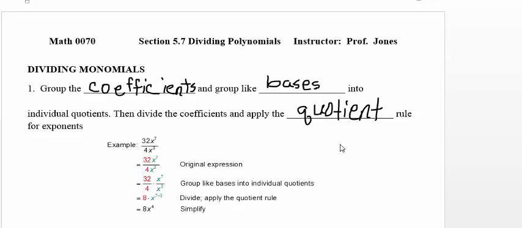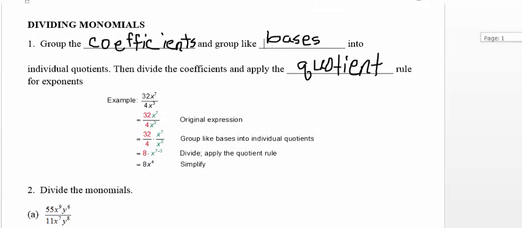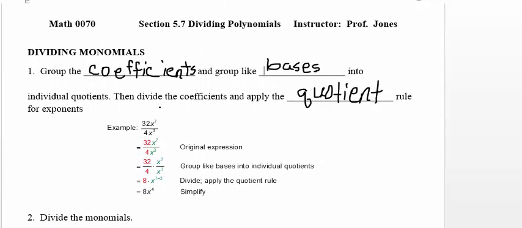So here's an example of that, where we divide 32x to the 7th by 4x cubed. We are grouping the 32 divided by 4 and x to the 7th divided by x cubed. 32 divided by 4 is 8.